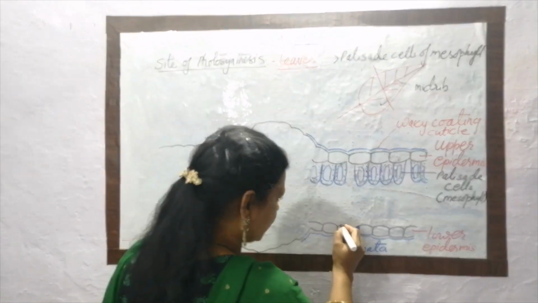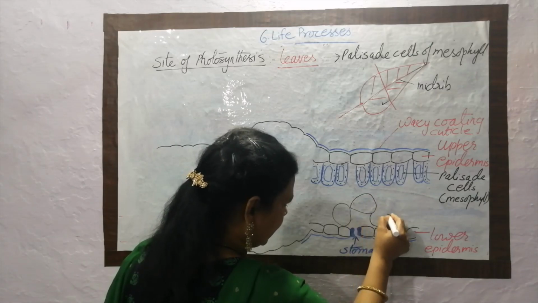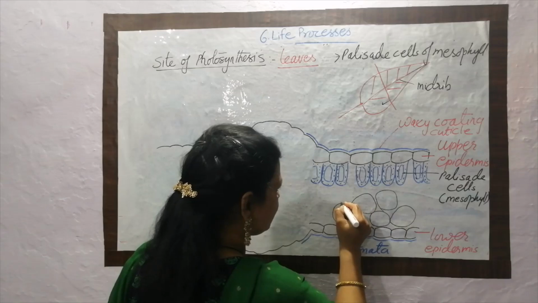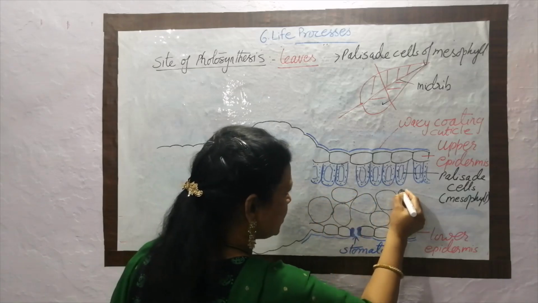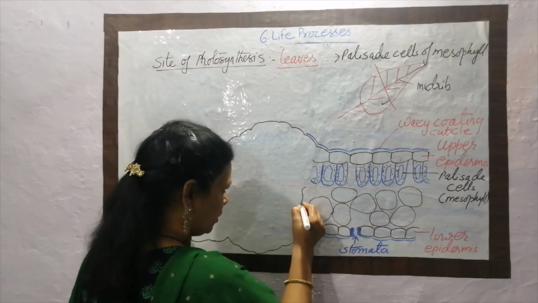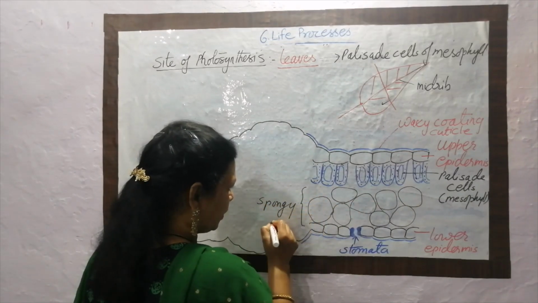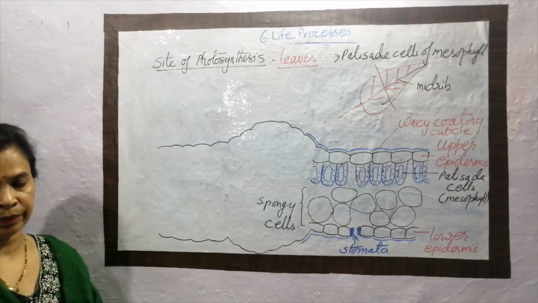And around the stomata, some loosely packed cells are present, like this. These are the group of spongy cells having a large number of intercellular spaces.